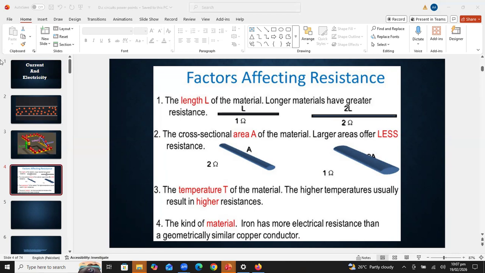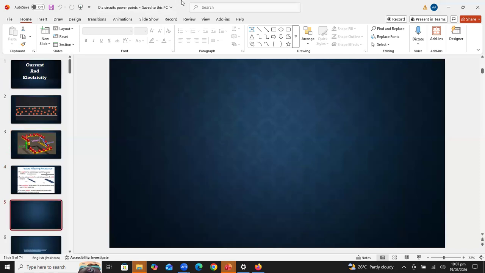Number one, length. Number two, area. Number three, temperature. And number four, type of material. These are the four factors which, when changed, will change the resistance of a wire. We will discuss all these four factors one by one.